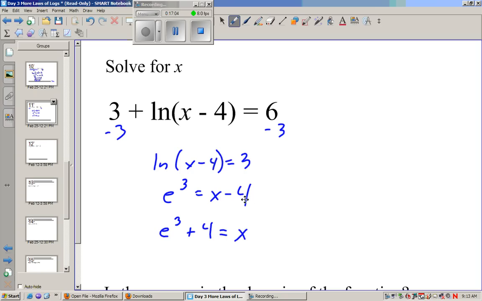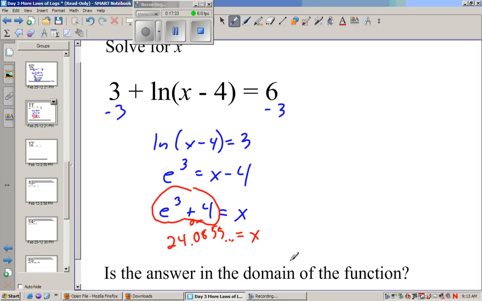Now we could do this on the calculator, and we'd actually get a real value. E to the third plus 4 is 24.0855, and so on and so on. That would be the value for x, but we accept e to the third plus 4 as an exact answer.